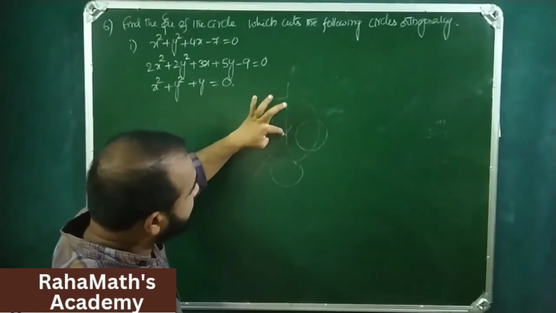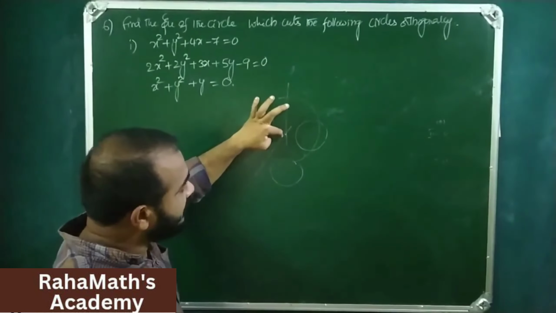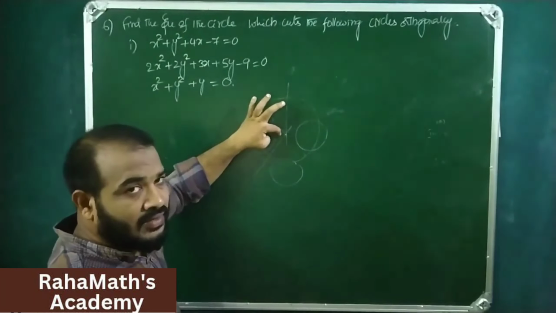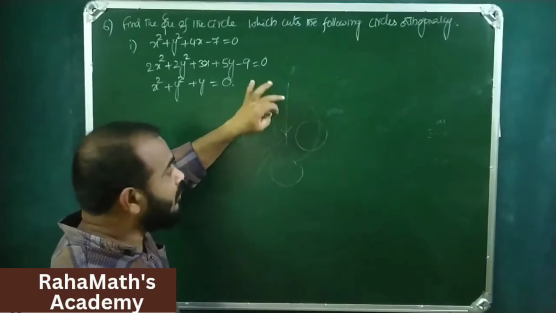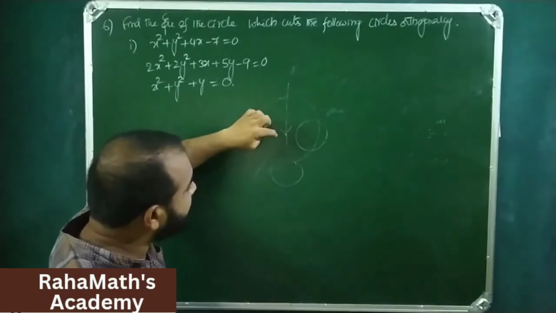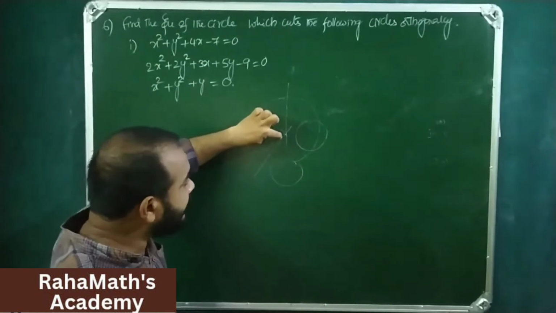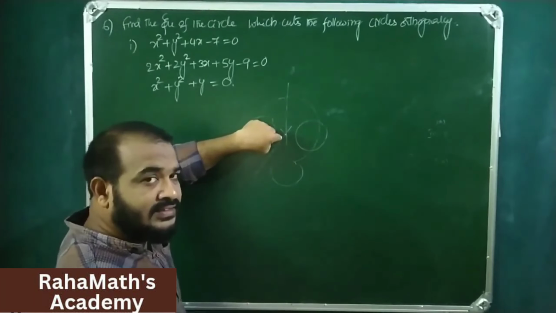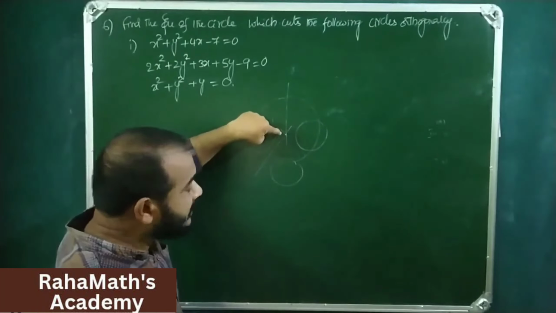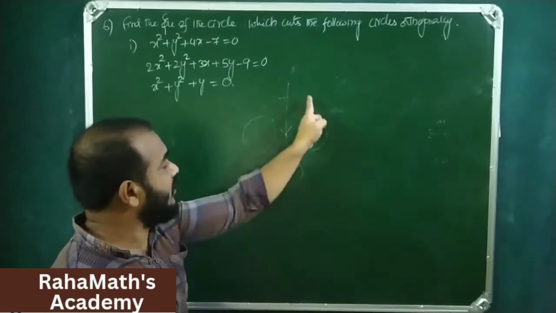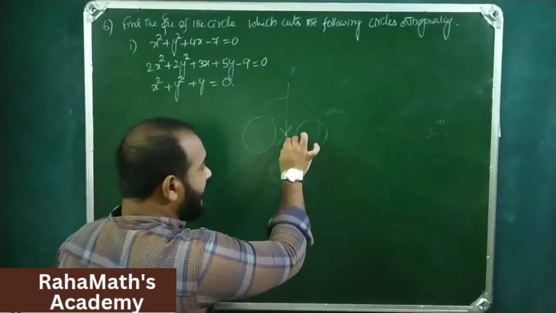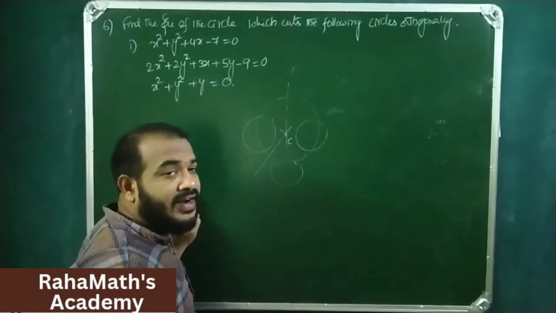Now, this point is said to be the radical center. What is the radical center? The point of intersection of the radical axes is nothing but the radical center. And that radical center is the center of the required circle. So therefore, the center we will get. But how do we find the radius?